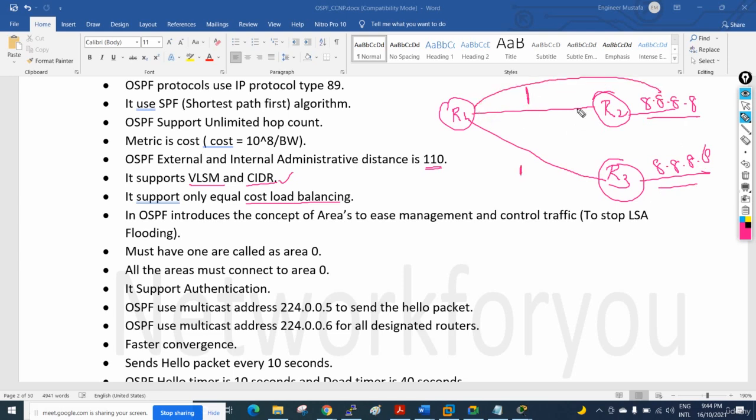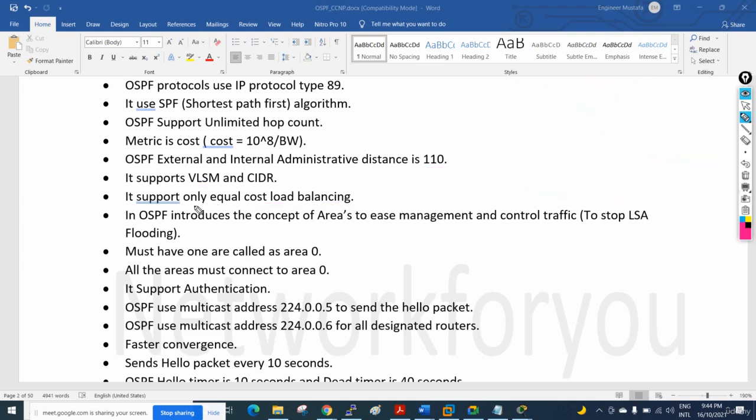It will send one packet from here, one packet from here. So OSPF only does equal cost load balancing. If the cost is equal, then only it will do load balancing. Whereas EIGRP does equal as well as unequal cost. We are going to check that later. But now remember, OSPF does only equal cost.